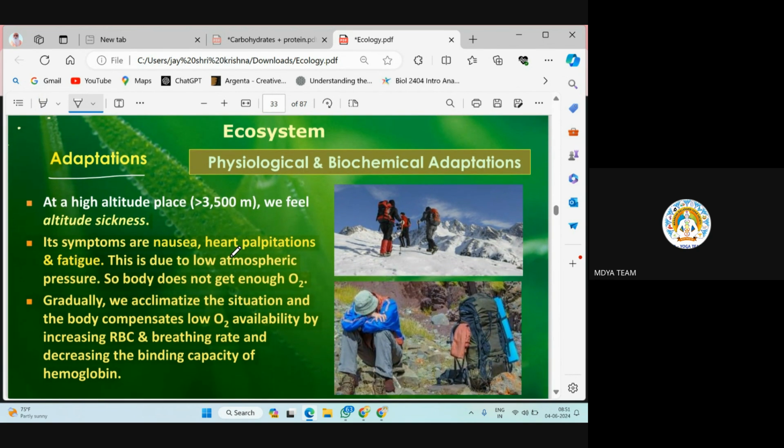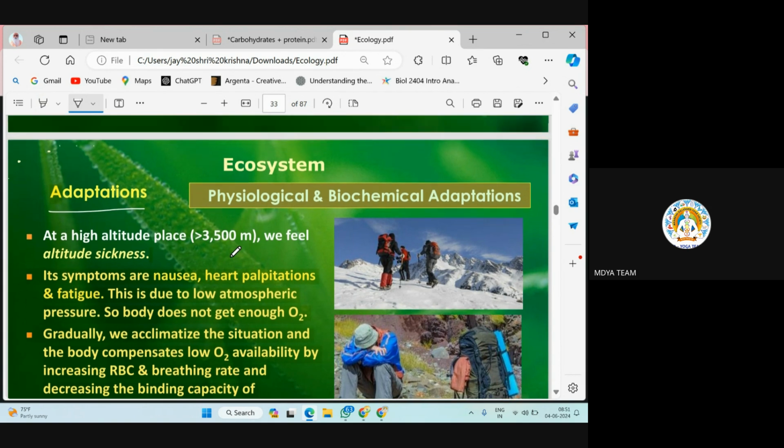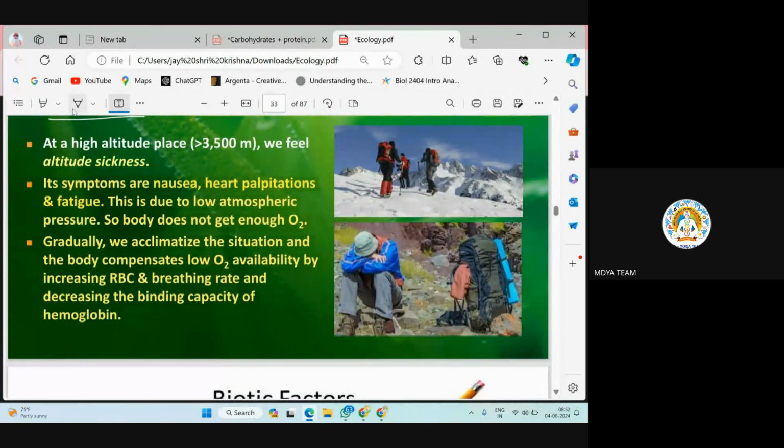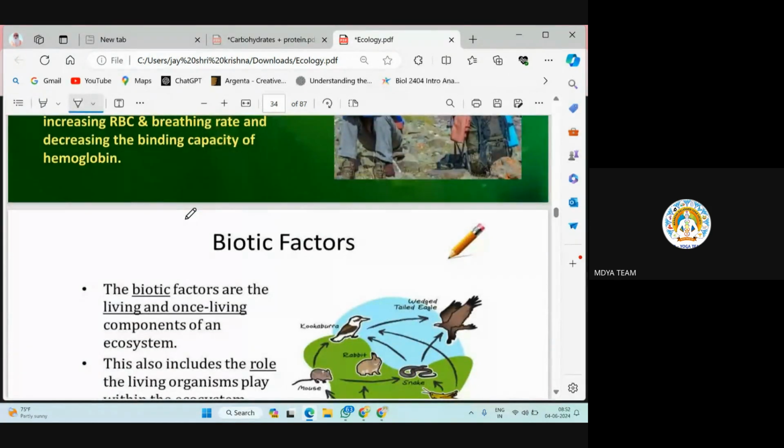If you are residing in a hilly area for some time, then slowly your body will start producing more RBC, red blood cells. Because oxygen is low, our body will try to utilize the whole oxygen that is available there. More RBC means more transport of oxygen from the lungs. So this is also one of the adaptations in people living in hilly areas.